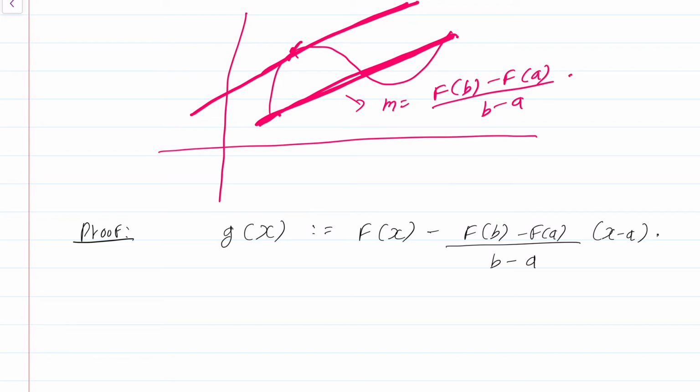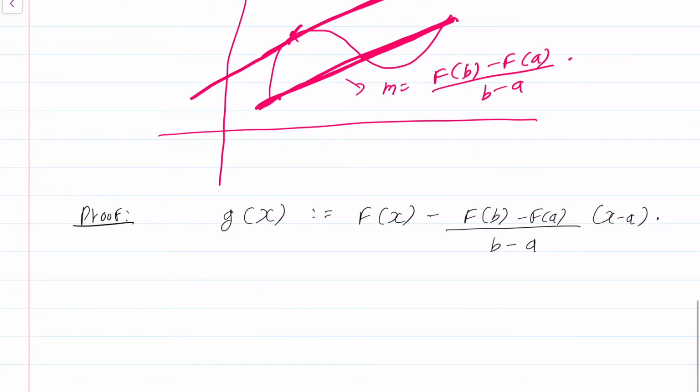Okay, so we have defined the new function g of x equal to f of x minus f of b minus f of a by b minus a into x minus a. Then g of a is going to be equal to f of a minus 0, which is f of a.